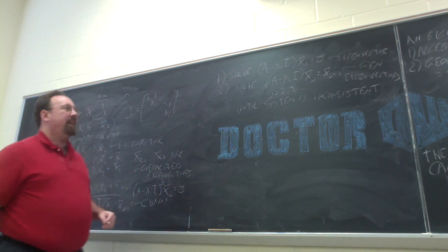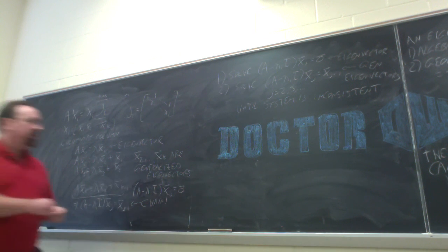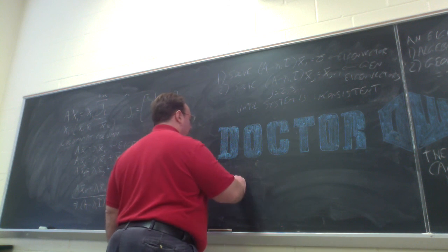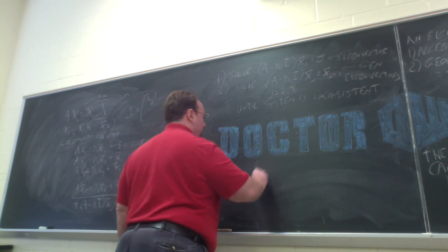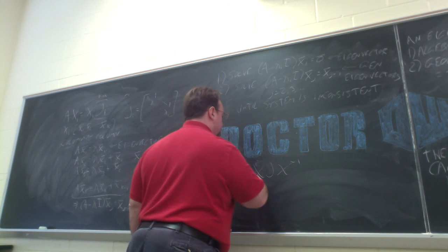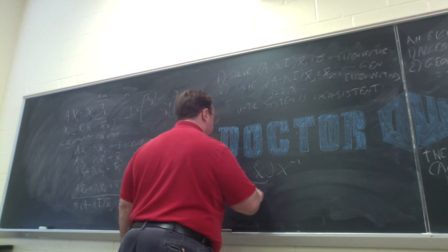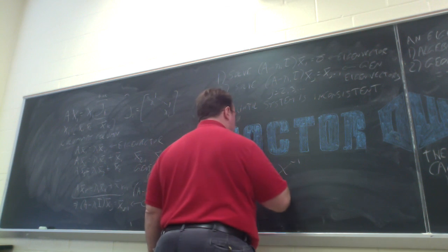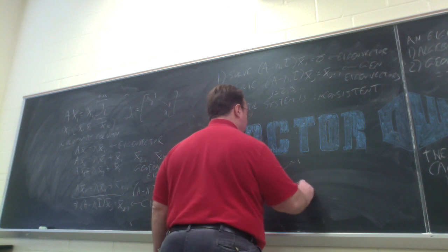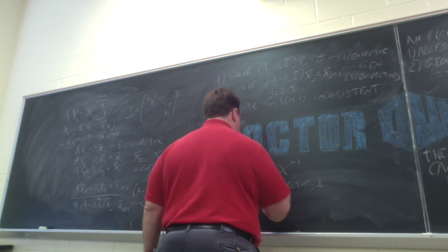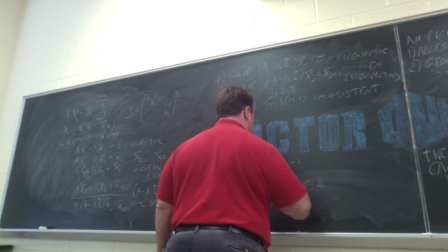So once you have that, the result is A equals X J X inverse, where the matrix X consists of all linearly independent eigenvectors and generalized eigenvectors.